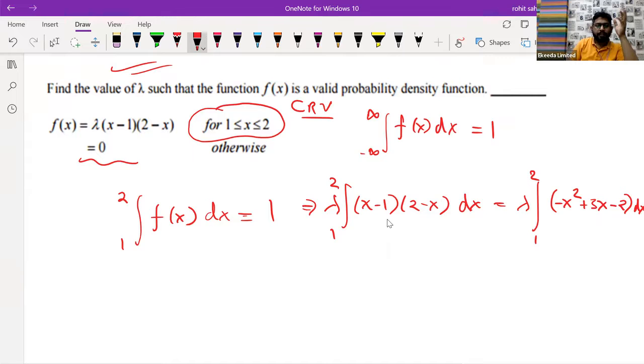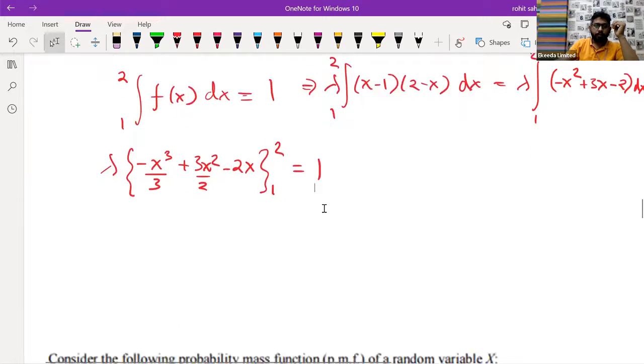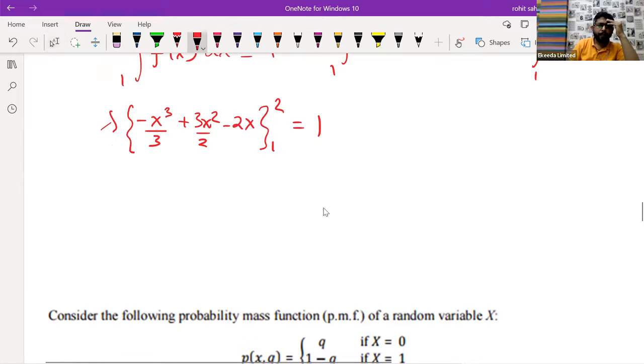So integration of minus x square is lambda times of minus x cube by 3, 3x becomes 3x square by 2, minus 2x, limit 1 to 2 equal to 1. Now at least you can find me the value of lambda.